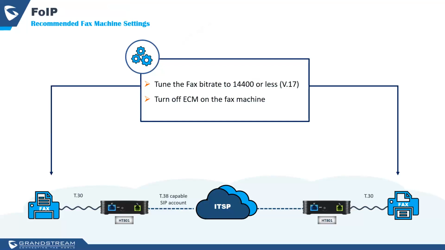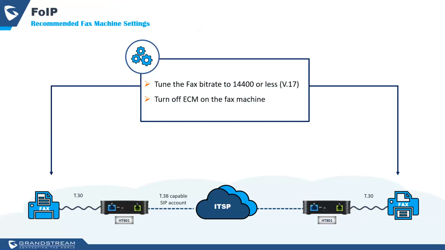So ECM is usually required when using high-speed transmission, such as V34 modulation standard, which is not supported by HT800. The V34 standard can use a bit rate of up to 33,600 bits.